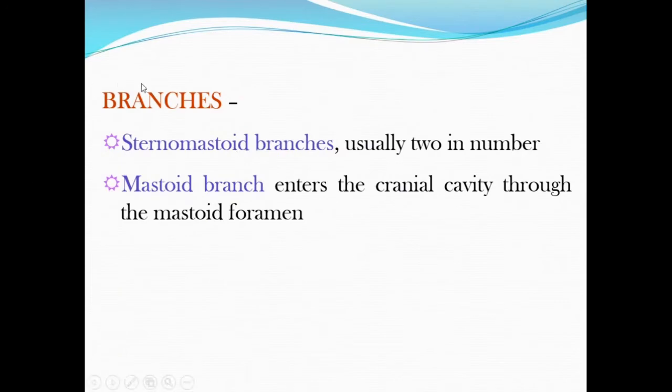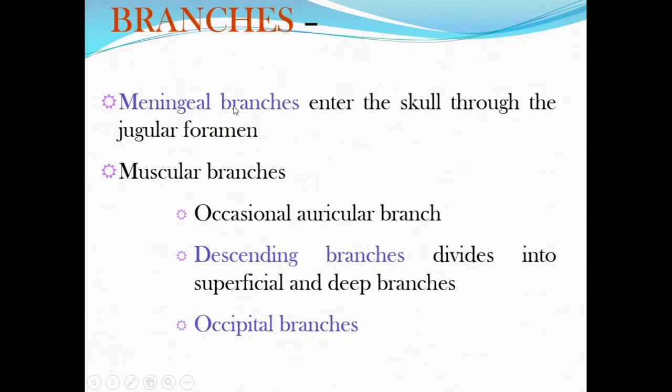So branches of occipital artery, you can remember sternomastoid branches, that is the muscular branches, usually 2 in number. Then the next branch is the mastoid, which enters the cranial cavity through the mastoid foramen. Other branches, meningeal branches, which enter the skull through the jugular foramen. Muscular branches, occasional auricular branch, descending branches, which divide into superficial and deep branches.